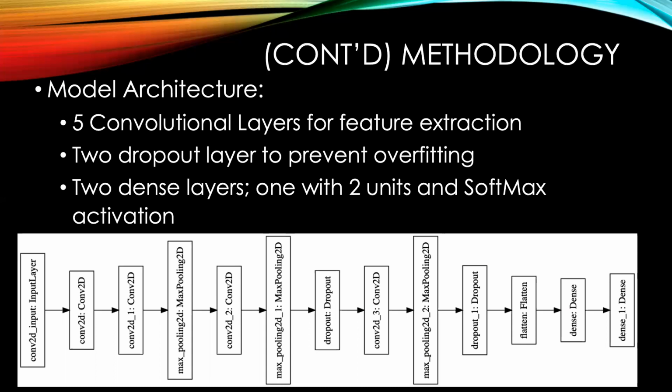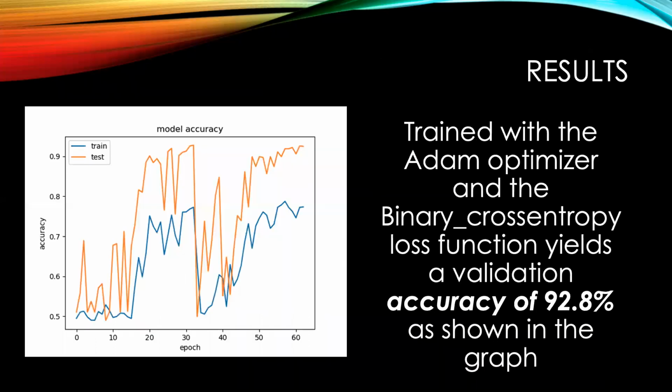All right, so we move on to the results. What we see here is the model accuracy with respect to epoch, which is the number of cycles.